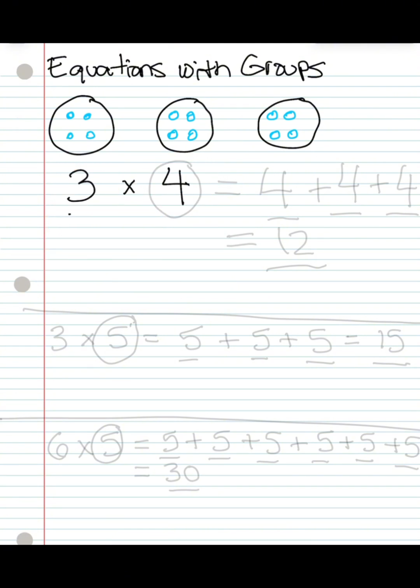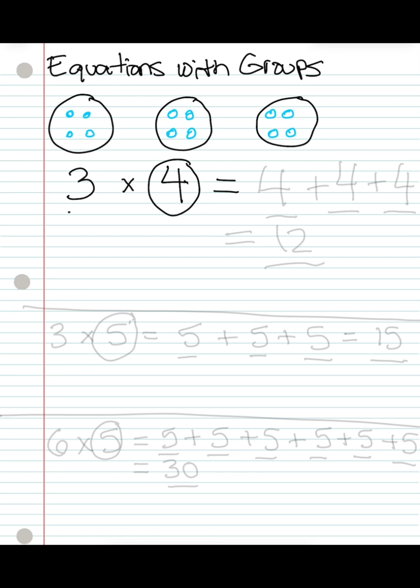And a lot of times you'll see the number of objects in each group, the group size, circled. And that's just to keep track of how many groups you have versus how many objects in each group. So you can read this as you have 3 groups of 4 objects. And that becomes a multiplication problem. You can also think of this as doing 4 plus 4 plus 4, which equals 12.